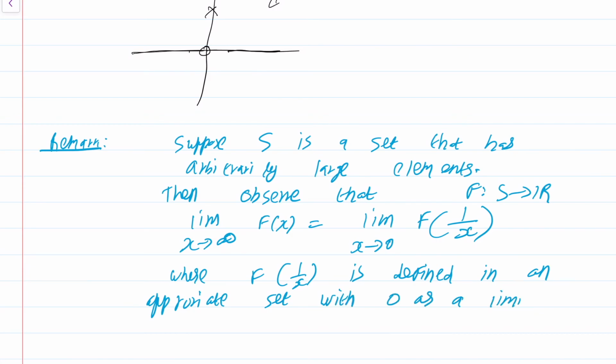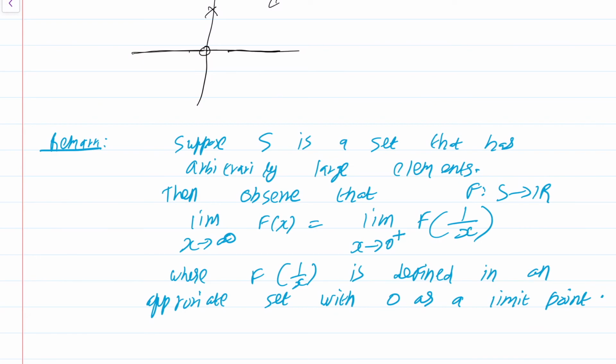Now I'm intentionally skipping the details. Let me just write x going to 0 plus. That's what relates the whole thing. You can view limit x going to infinity as the right hand limit of a slightly different function defined using reciprocals. It's the function f of 1 by x.